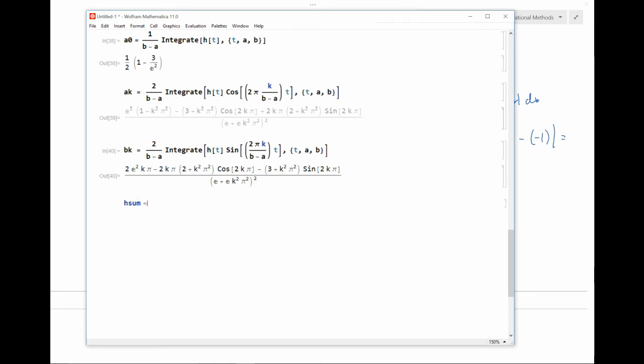Let's add a few terms. So it's just going to be a naught plus the sum, and then we'll have a_k times cosine of and b_k times sine.